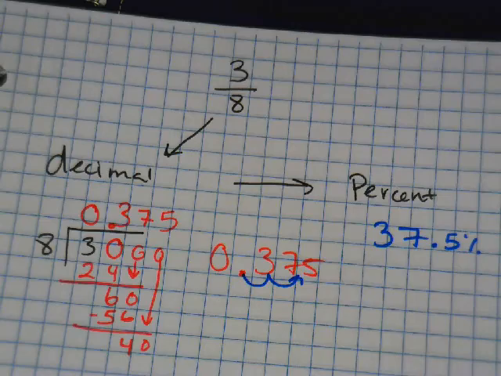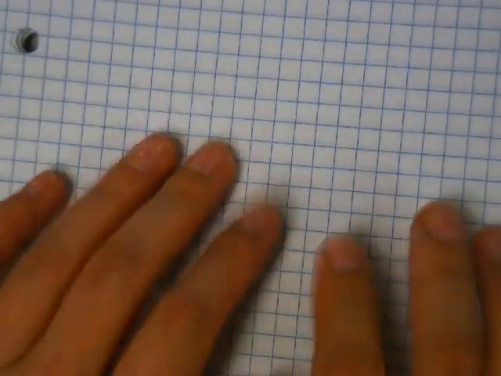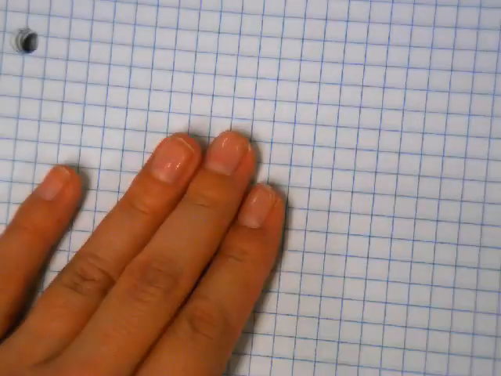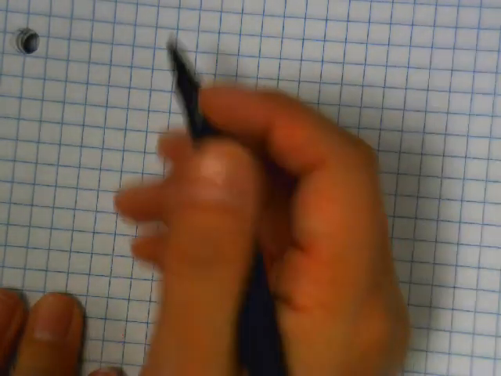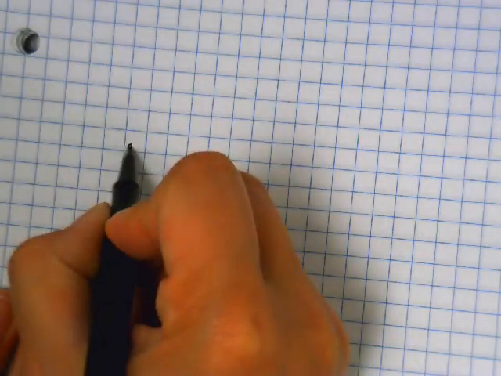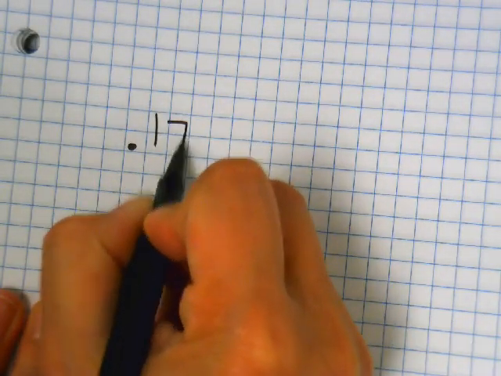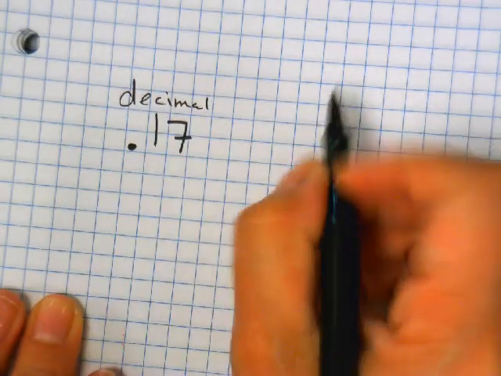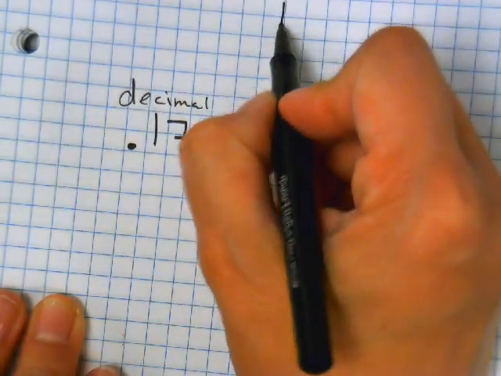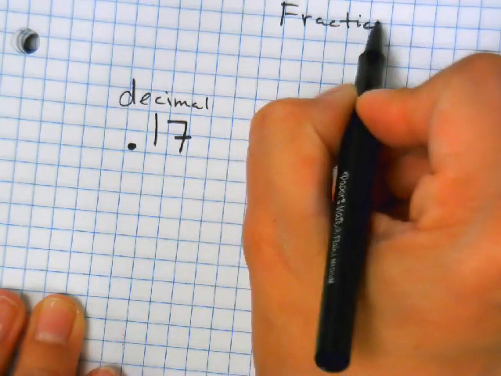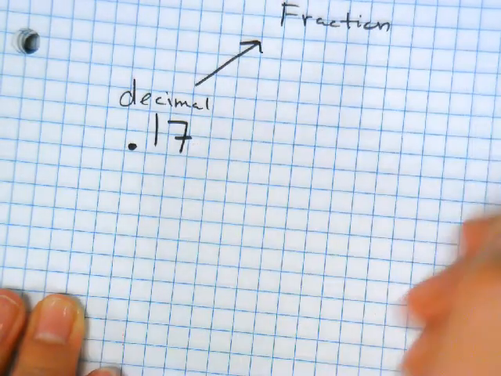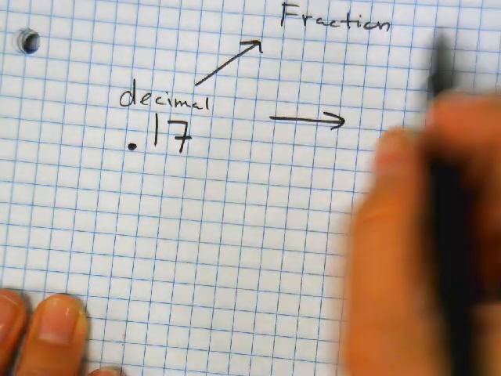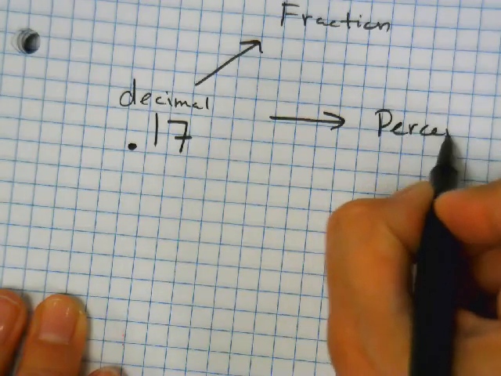Okay. Let's see. What if I work backwards? What if I give you the decimal 0.17? So I start off with a decimal, and I want to know what's the fraction of 0.17 and what's the percent of 0.17.